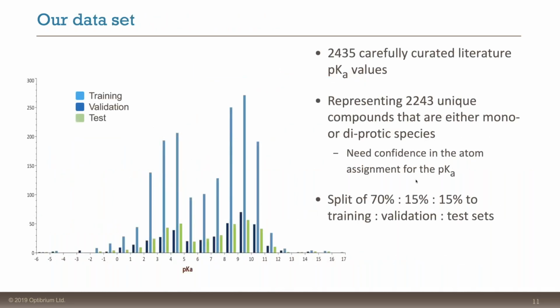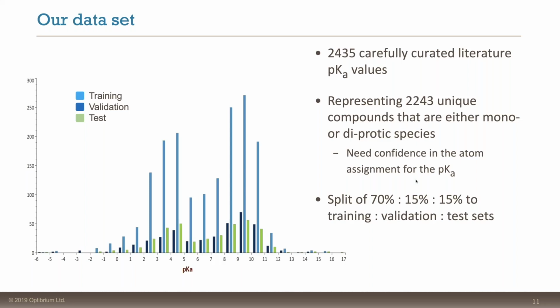So the data set that we have created is a couple of thousand carefully curated literature pKa values, as I say, in water. These represent 2,243 unique compounds that are either monoprotic or diprotic.